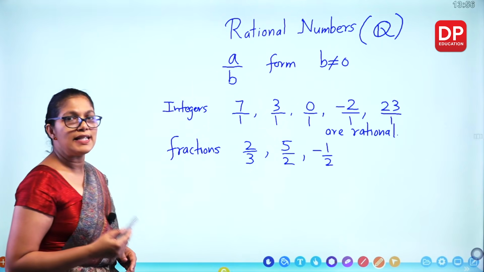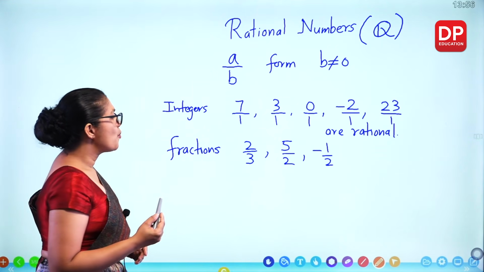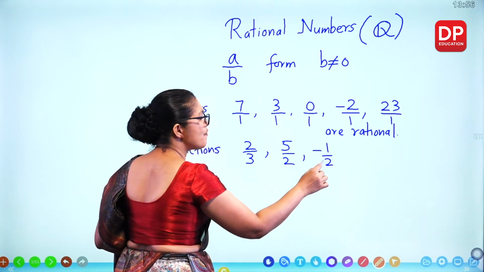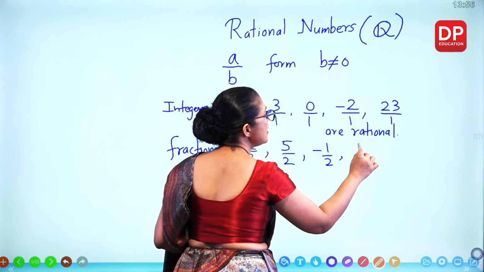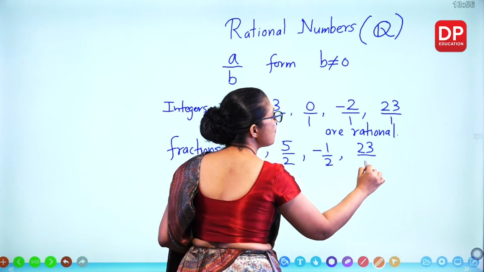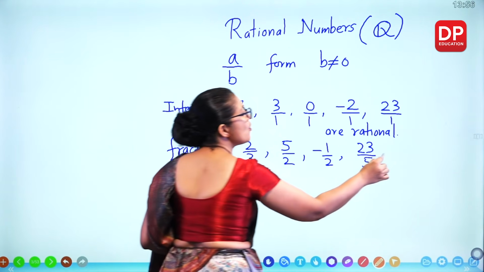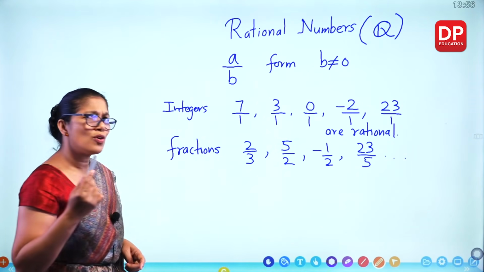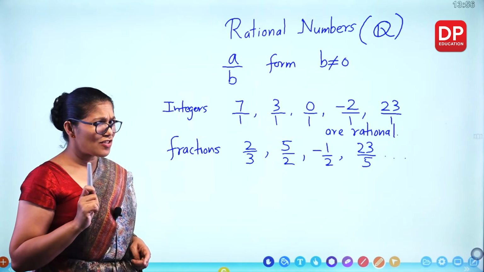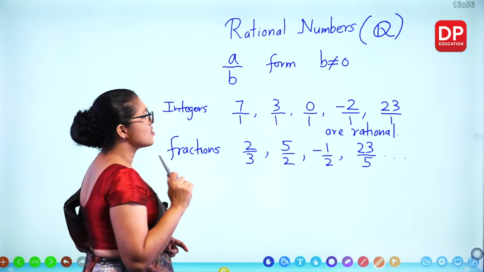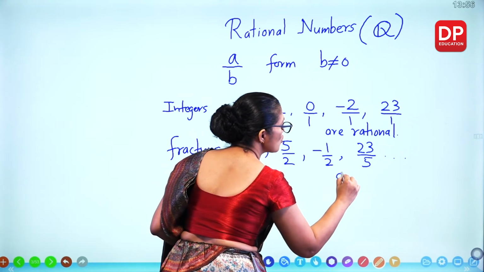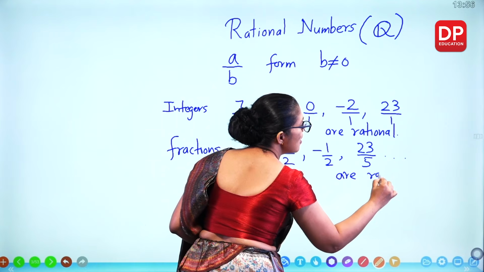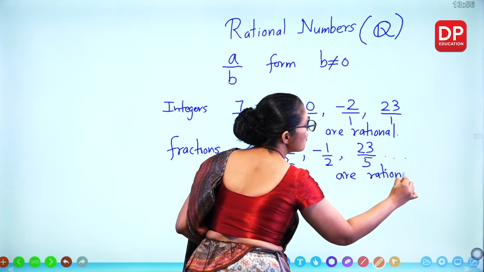That's also possible. It's a fraction. So we can take all fractions. Another one, 23 over 5. So we can see all fractions in this form. So fractions are rational or not? Fractions are also rational. So fractions are rational.